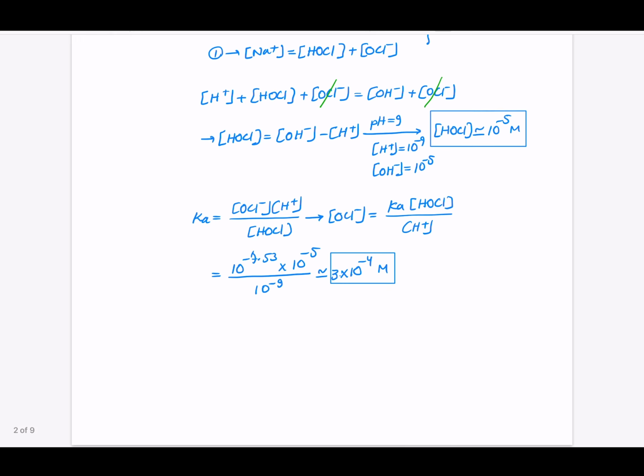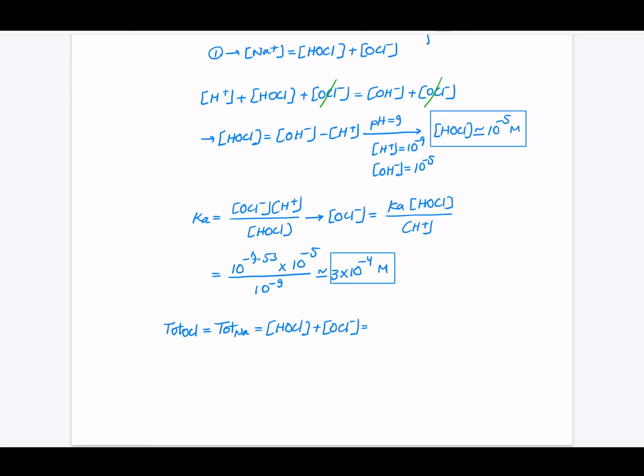So in this case, the total OCl, which would be the total Na, or the total concentration of the salt that we need to add, would be HOCl plus OCl minus.